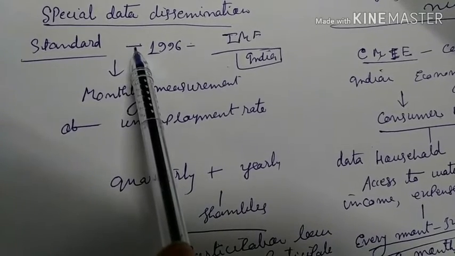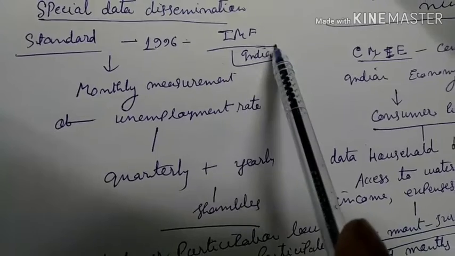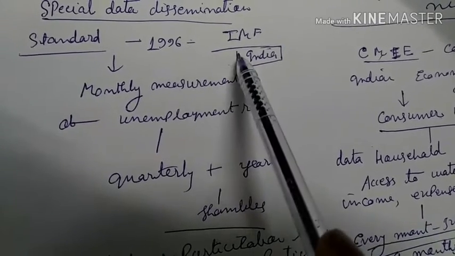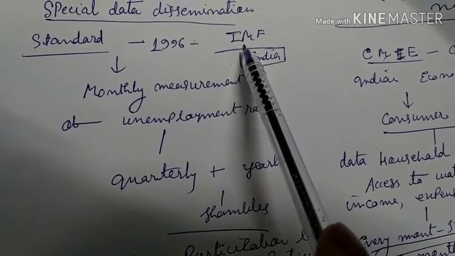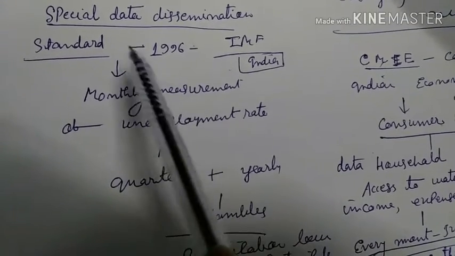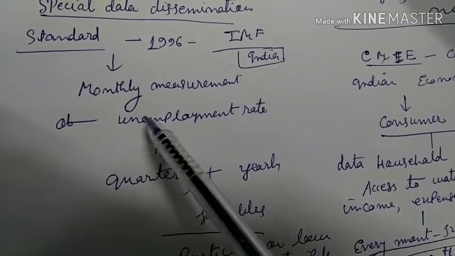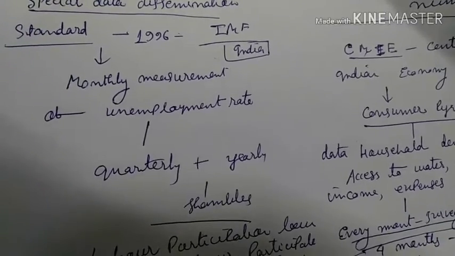It is a globally adopted initiative of 1996 by the International Monetary Fund. India is a founding member and a signatory party to this SDDS. What is its requirement and what is its purpose?